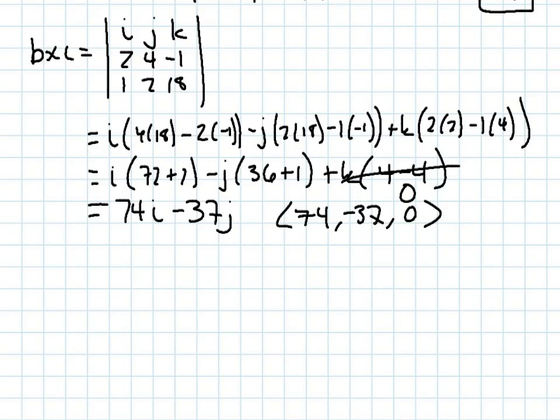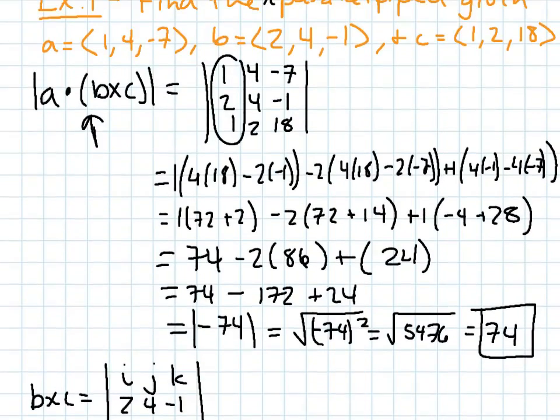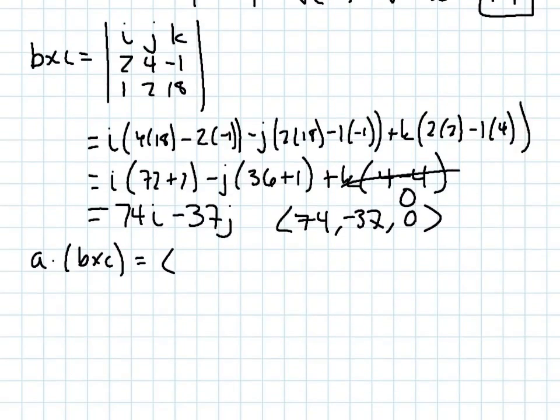Okay, so next I need to take the dot product with my cross product. Going back up to see what A was again, 1, 4, negative 7, and the dot product with what I just wrote down, 74, negative 37, 0.